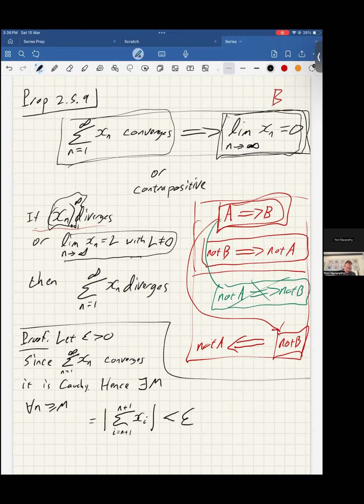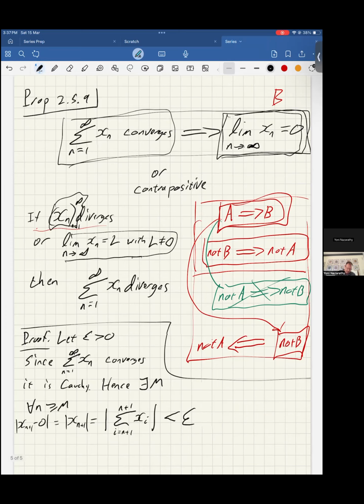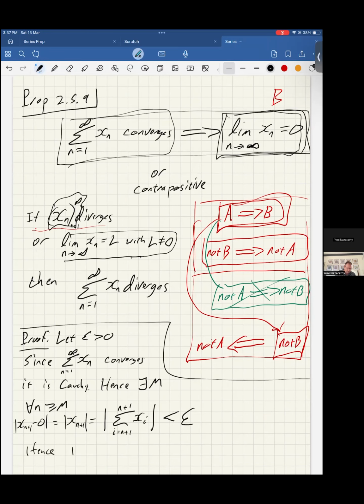Well, this is nothing but the absolute value of x sub n plus 1. Or if you would like, you can say that's the absolute value of x sub n plus 1 minus 0. So hence, for all n greater or equal than M, x sub n minus 0 is less than epsilon.